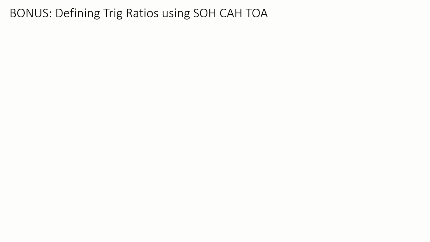To illustrate this further, let's look at an example. If you are given a triangle such as this, we have a right angle triangle labeled A, B, C, and we have our theta here. According to this triangle, this side is 4, this is 3, and this is 5. We have to find the sine, the cosine, and the tangent.